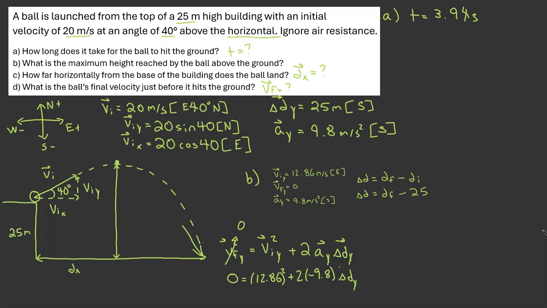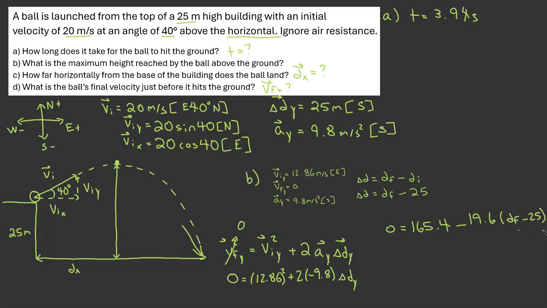Let me rearrange this so that I have 12.86 squared, which gives me approximately 165.4, minus 2 times my negative 9.8, which gives me negative 19.6 times my df minus my di, which I said is 25. And I'll leave it like this.